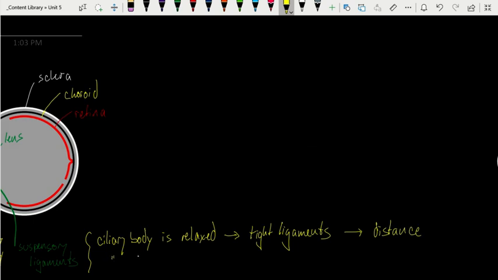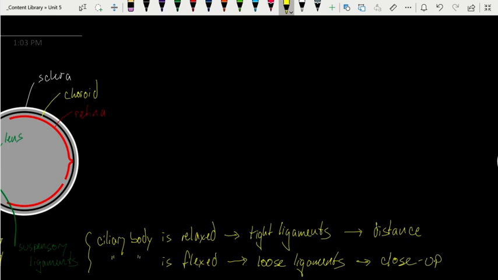However, if the ciliary body is flexed, this leads to loose ligaments, and that accommodates for close-up vision.